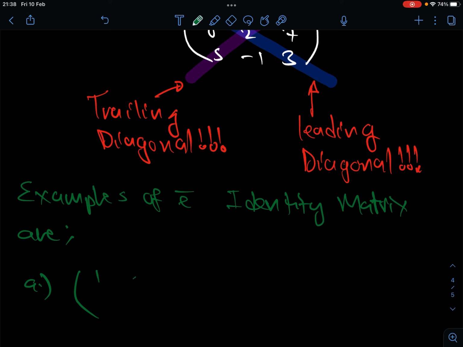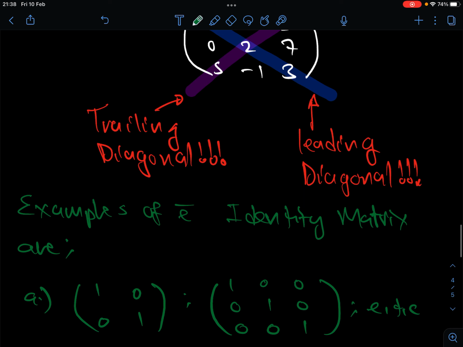So we have 1, 0, 0, 1. This is another one: 1, 0, 0, 0, 1, 0, 0, 0, 1. And they go on coming with different orders and so forth. So these are what we refer to as the identity matrix.